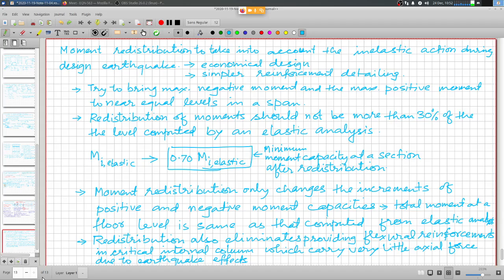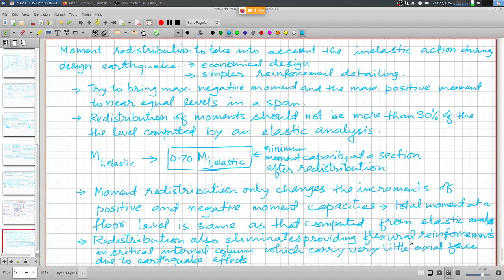And if you do not account for this redistribution of moments and reduce the moments on the beam column interface, then the columns have to be provided with these additional flexural reinforcements, which are actually not required.